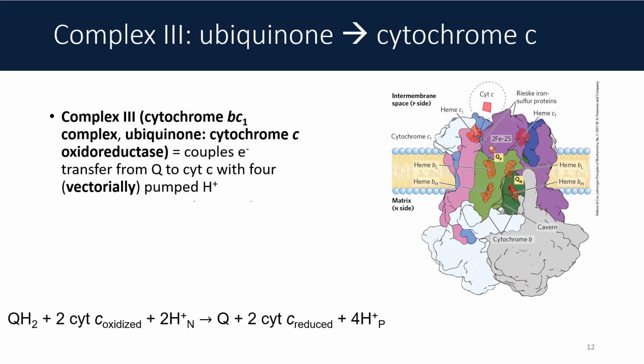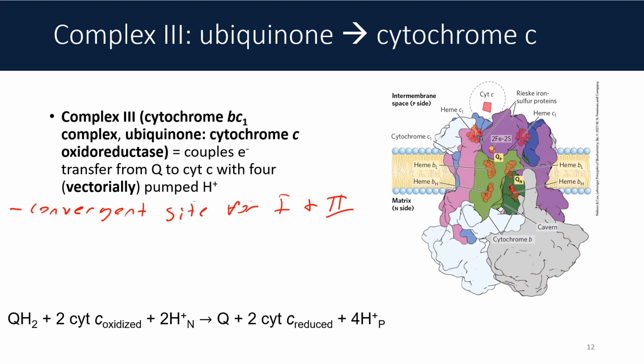Complex 3, formerly known as ubiquinone cytochrome C oxidoreductase, is where we converge the QH2s made from both complex 1 and complex 2 simultaneously. It's the convergent site for 1 and 2.